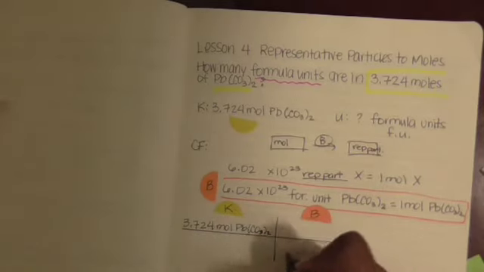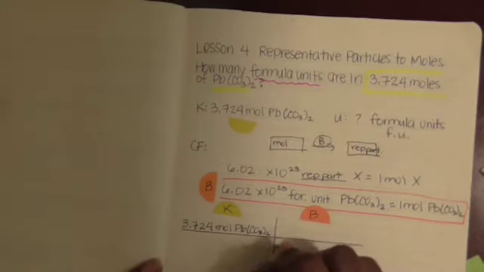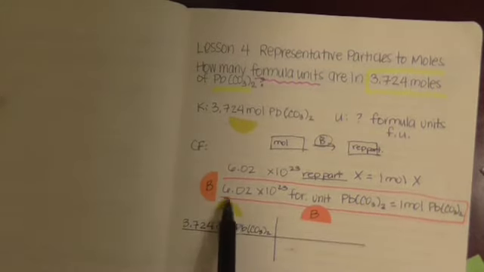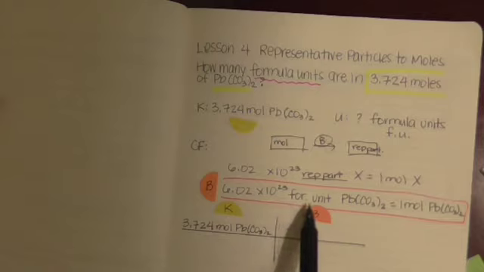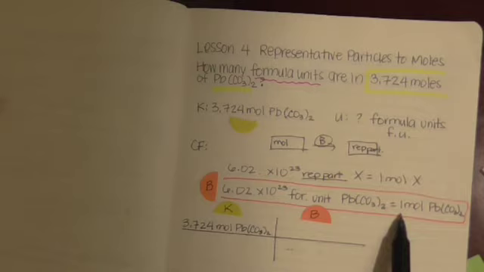At the bottom, let's talk about what goes at the bottom. I want you to take your guess. Does the 6.02 times 10 to the 23rd formula units go there, or does the 1 mole go there? Take a second. Pause. Make your guess. Write it in pencil, and then unpause. Now, if you were paying attention to me and not actually thinking, you would have put that 6 right there.